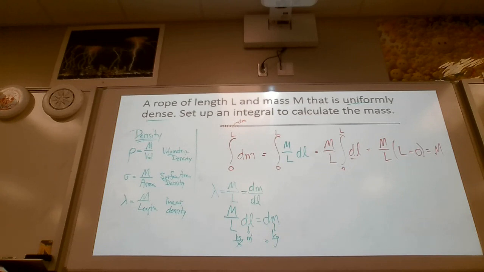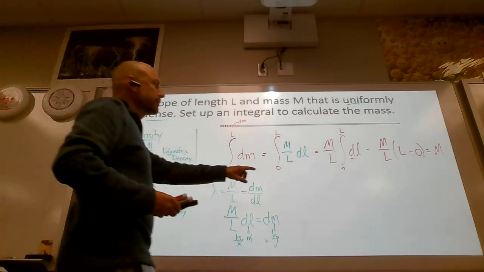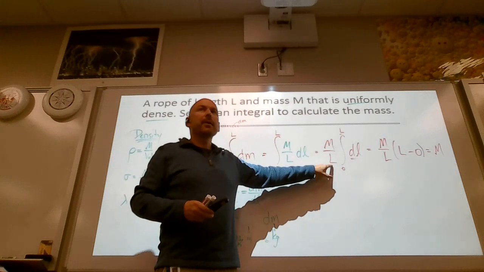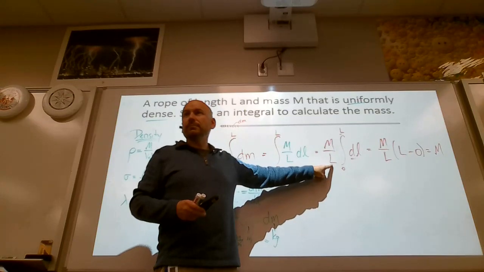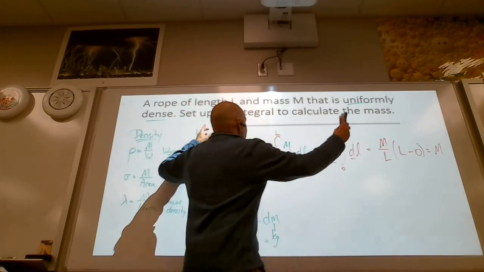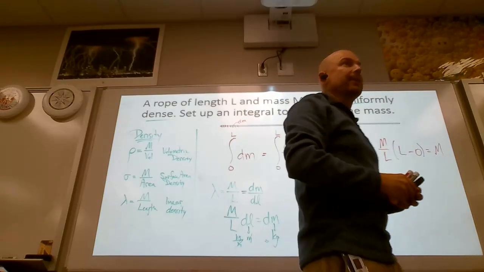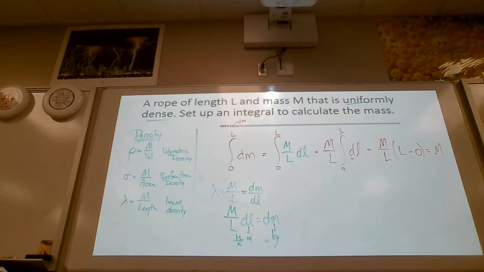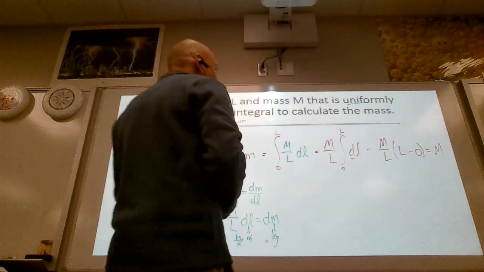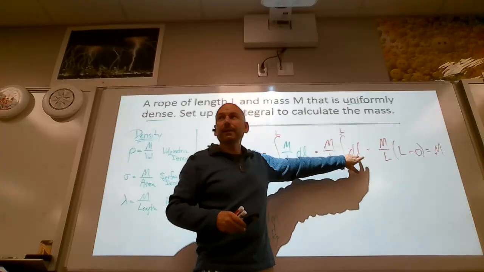Good question. So this capital L is not changing. This L is this length here. That is a fixed value. Does that make sense? So that's why I can pull that out, even though I'm finding the integral with respect to lowercase l.